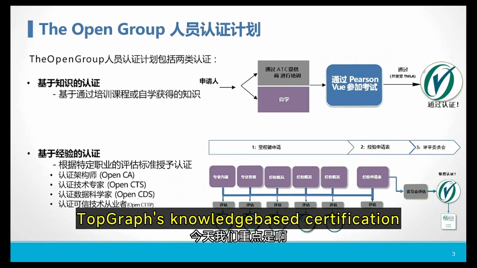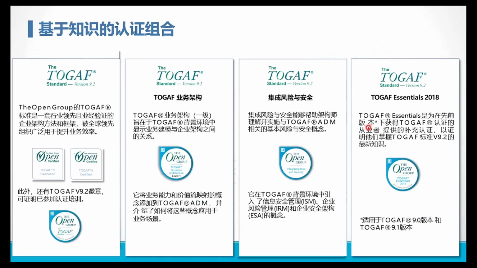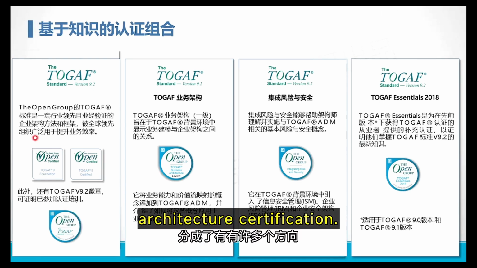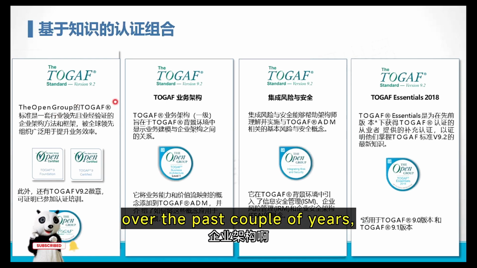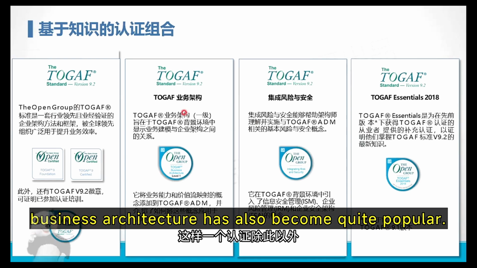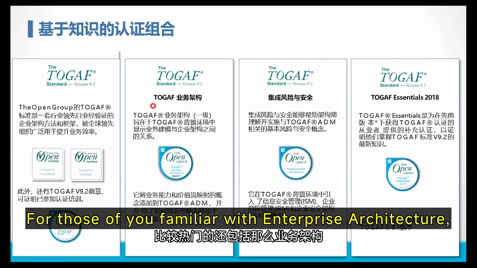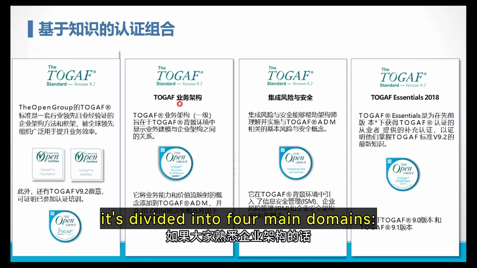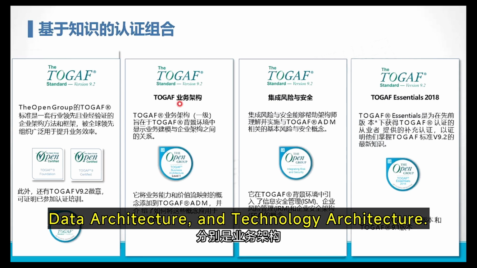TOGAF's knowledge-based certification encompasses several different areas. The core, of course, is the TOGAF Enterprise Architecture certification. In addition to this, over the past couple of years, business architecture has also become quite popular. For those of you familiar with enterprise architecture, you'll know that it's divided into 4 main domains: business architecture, application architecture, data architecture, and technology architecture.